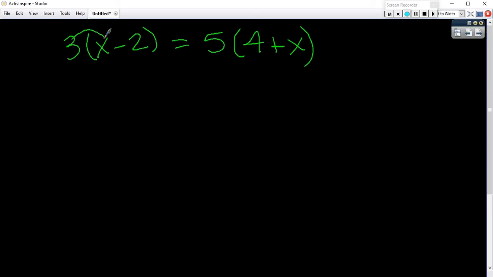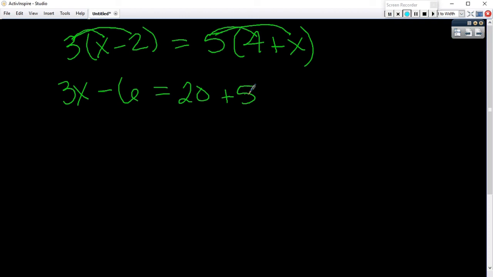So on the left, I get 3x minus 6 equals 20 plus 5x. Am I ready to SAD map? Close.